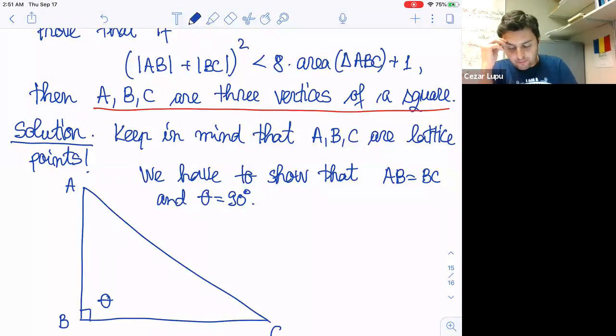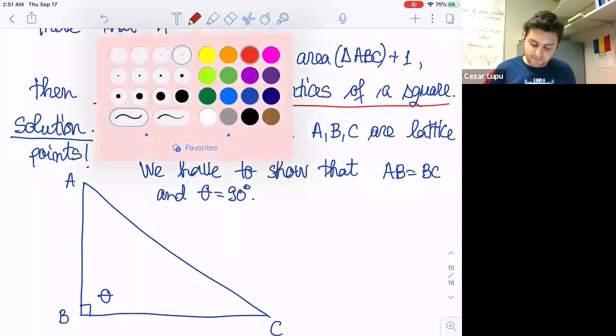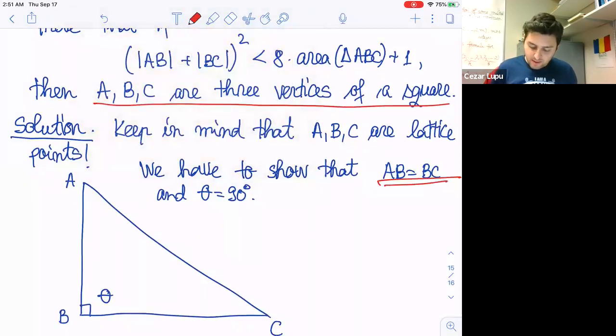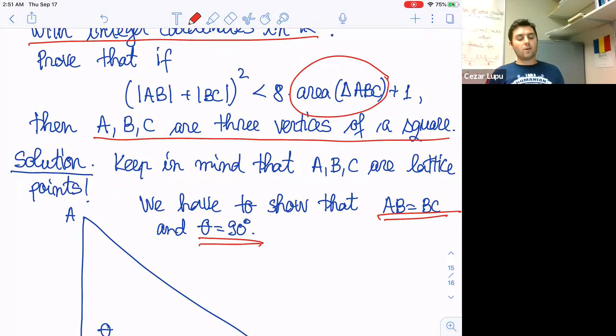You see, let's analyze this a bit. I have to show this, but I also have information about the area of this triangle. And I know the vertices are lattice points.